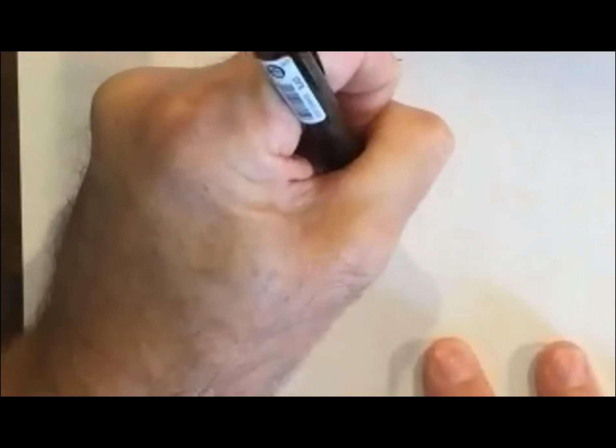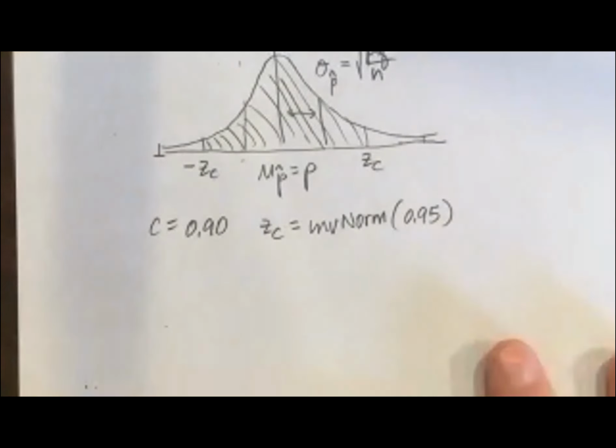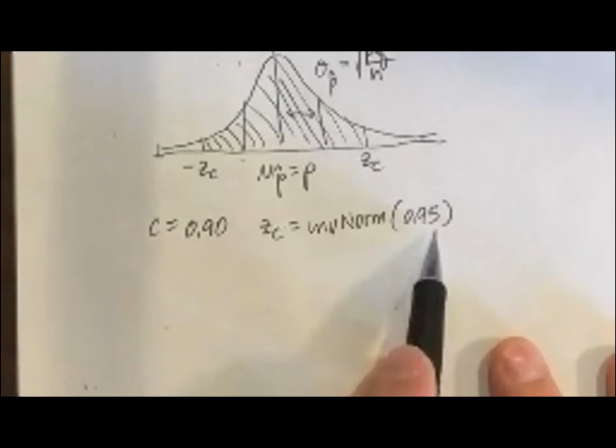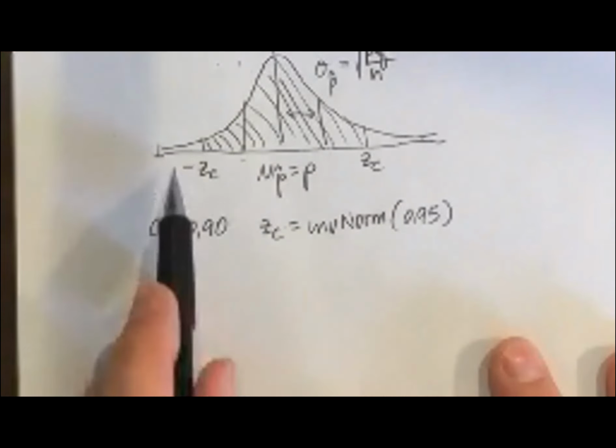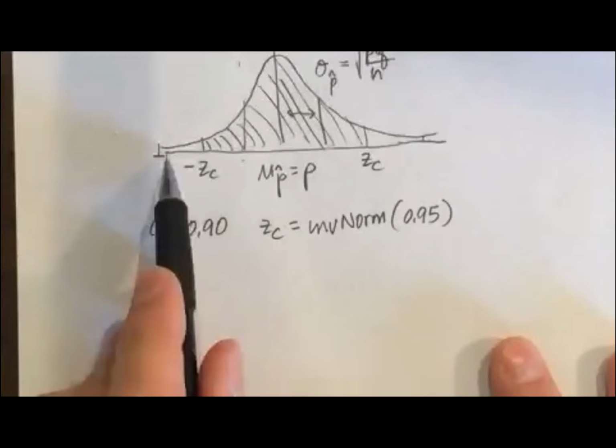of 95%. Okay, that seems a little weird because we're looking for a 90% confidence level, but we have to use 95% because we have to include this 5% when we're looking to the left of a particular value.